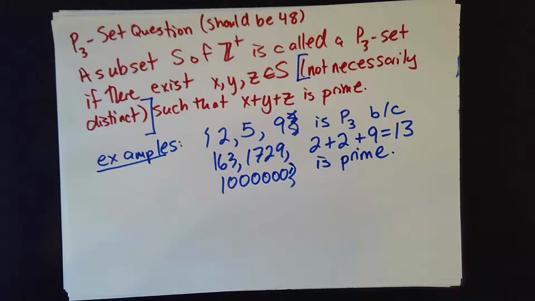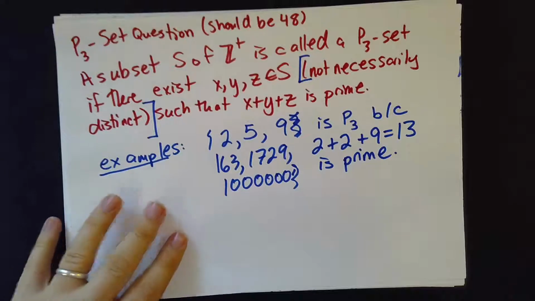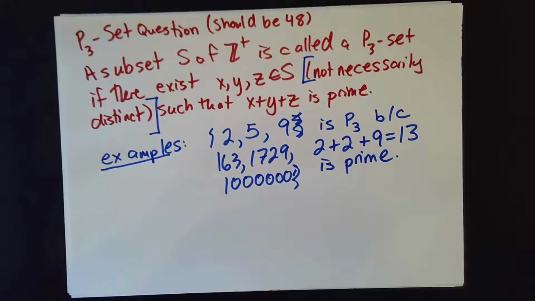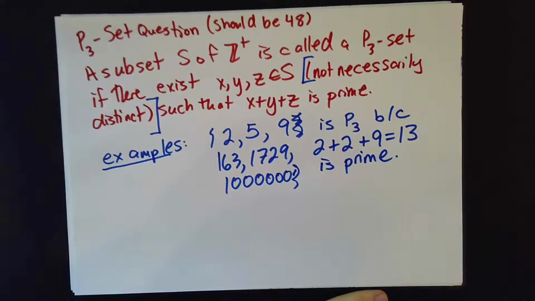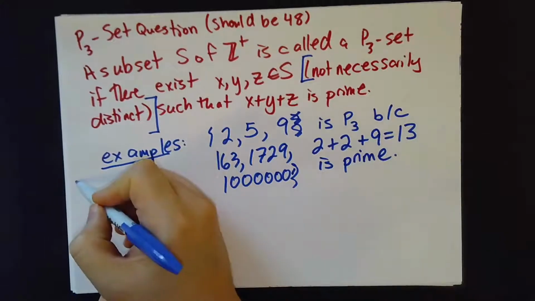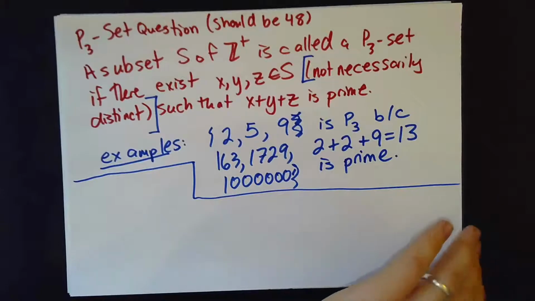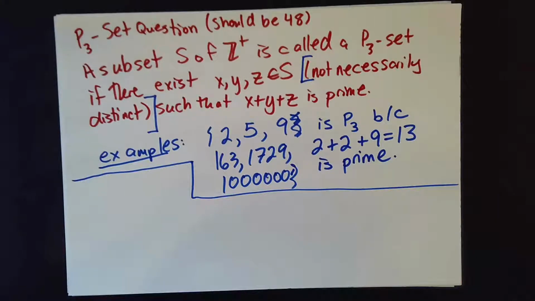So being a P3 set is a statement about having a collection of elements with a certain specific property. And so if you add elements, those elements are still in it. So my hope is that that is sufficient to give you some thought about what a P3 set is.